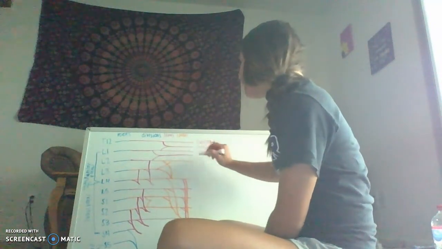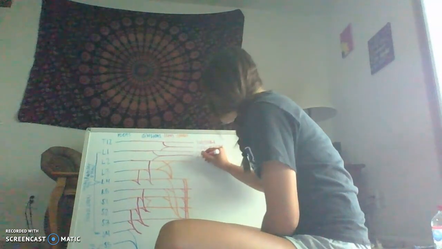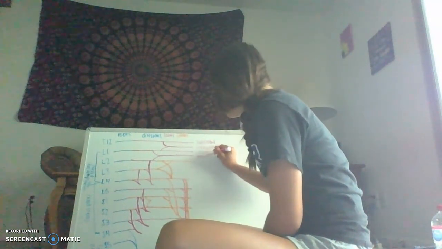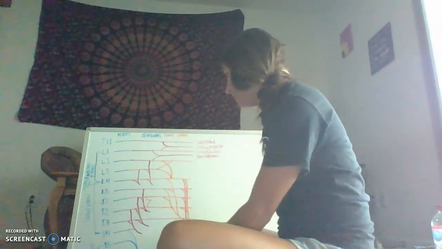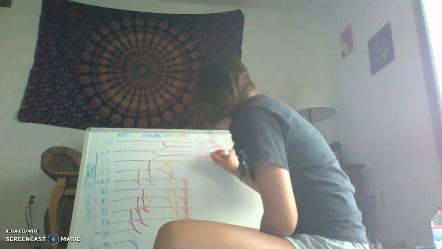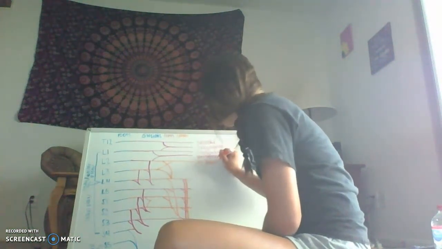And then L1 and L2 make up the genitofemoral nerve. And then off of L2, we have the lateral femoral cutaneous.